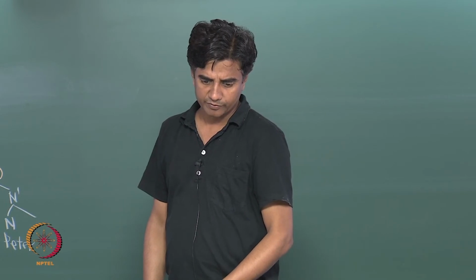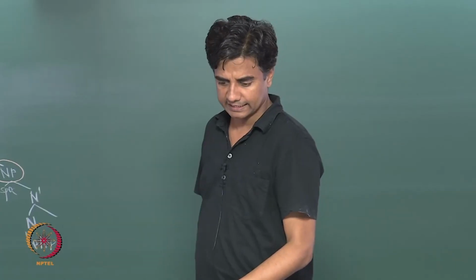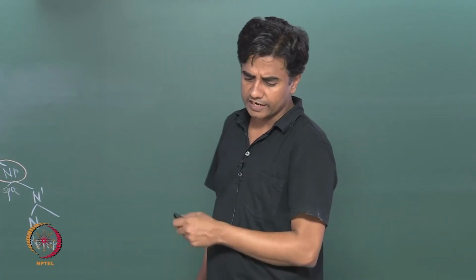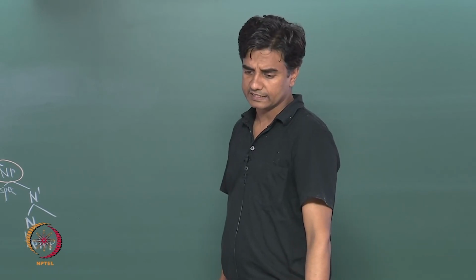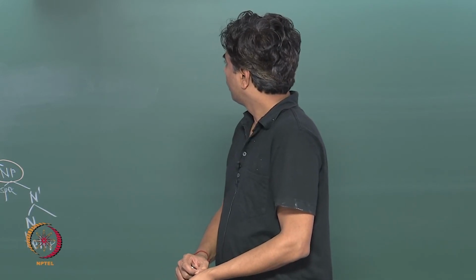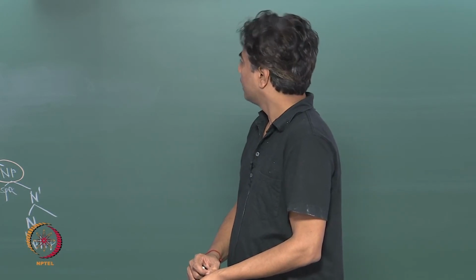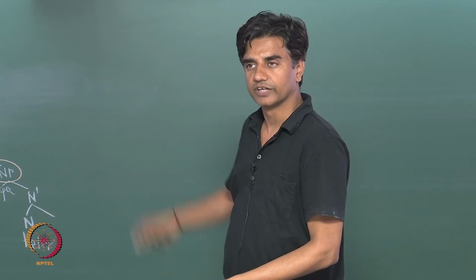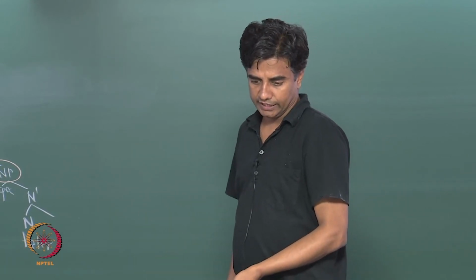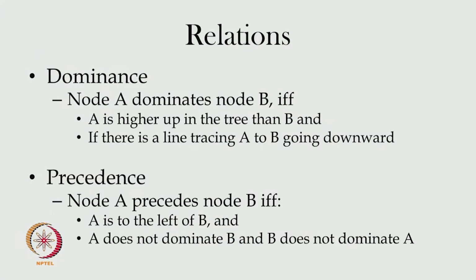Very simply, I had this sentence, our good old sentence, but now we will work with the sentence that we have on the board. So let's look at the terms precedence and dominance. It's a simple term. If I tell you that IP in this structure dominates everything, it shouldn't be difficult to understand.